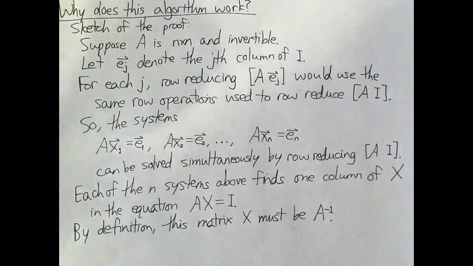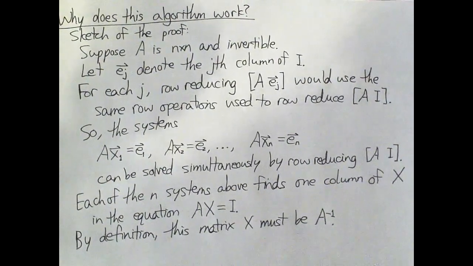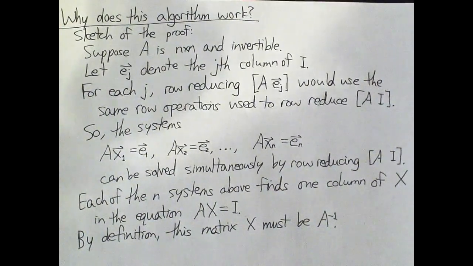So this was a sketch of the proof. It doesn't cover every detail that a textbook might cover. I guess you could say that one big sketchy part of this is that it began by assuming that A is invertible. So this seems to suggest that if A is invertible, then the algorithm works.